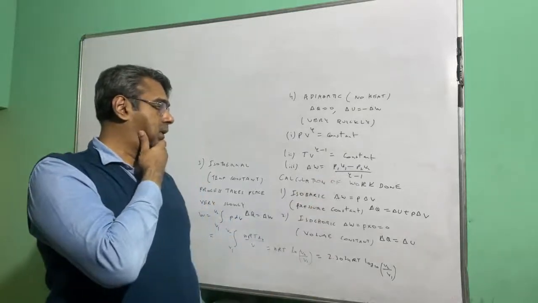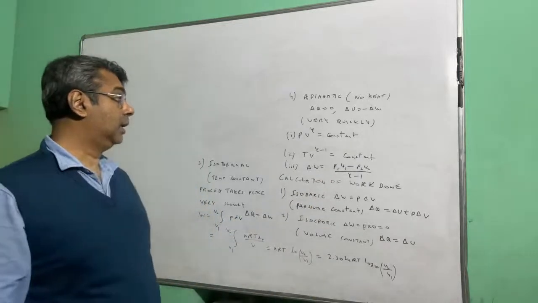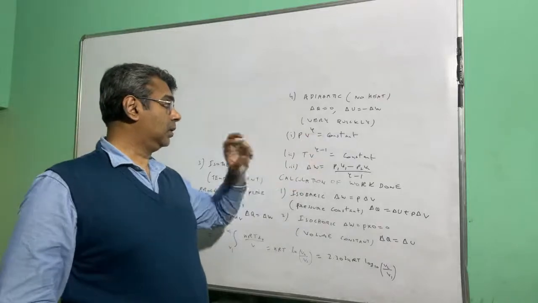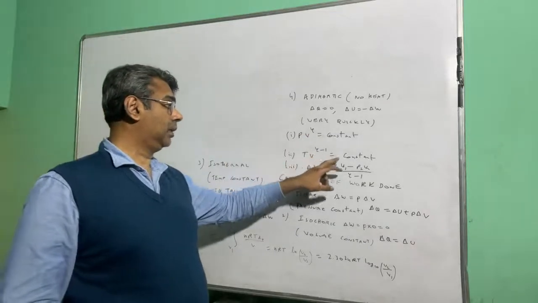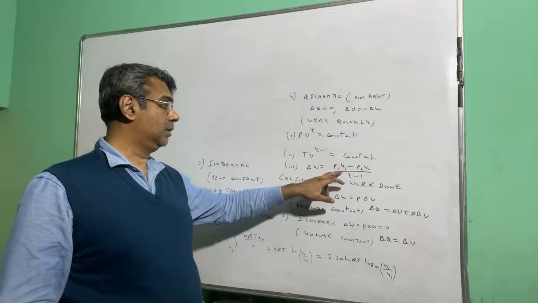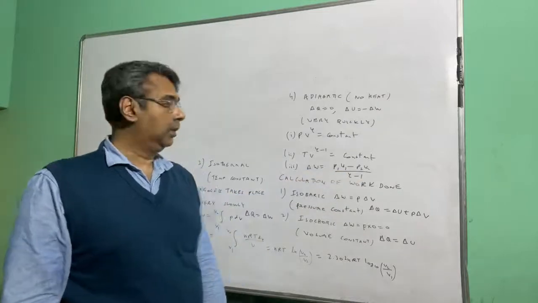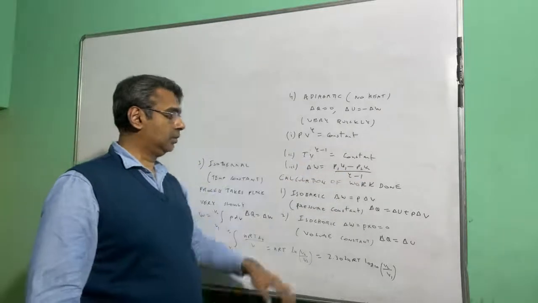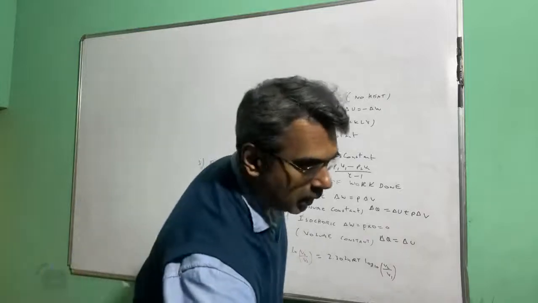So this is the formula for work done. So adiabatic: PV to the power gamma constant, TV to the power gamma minus 1 constant, and work done is P1 V1 minus P2 V2 by gamma minus 1. So these are the formulas for adiabatic.